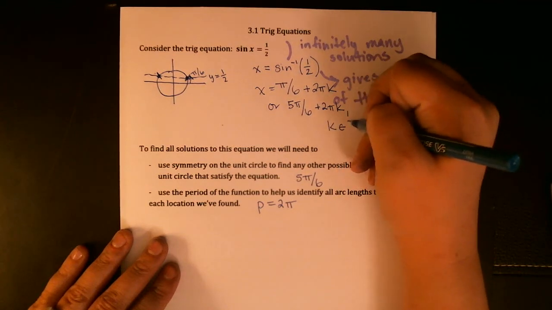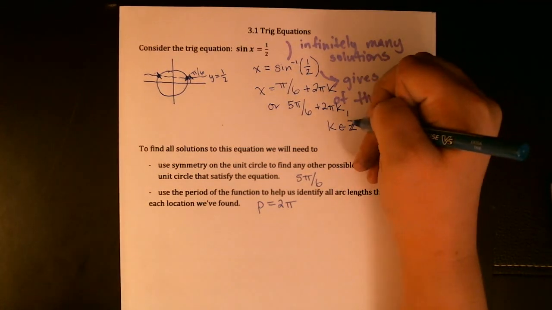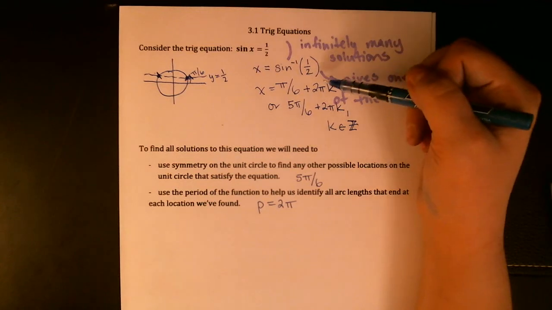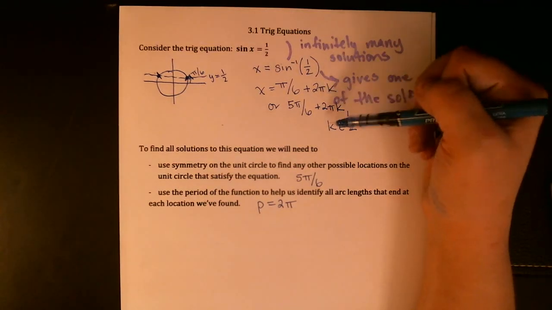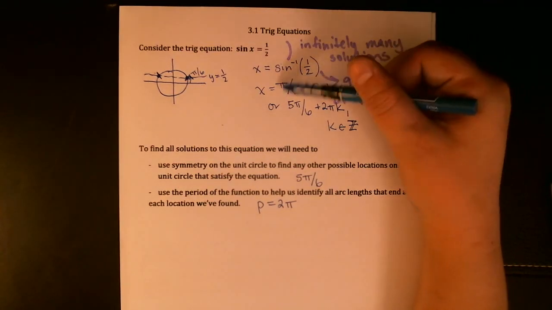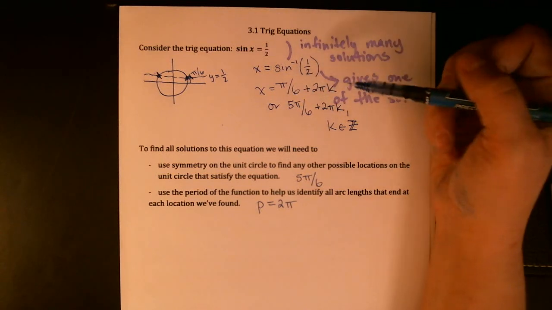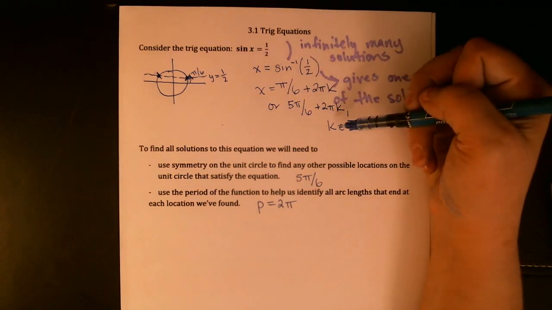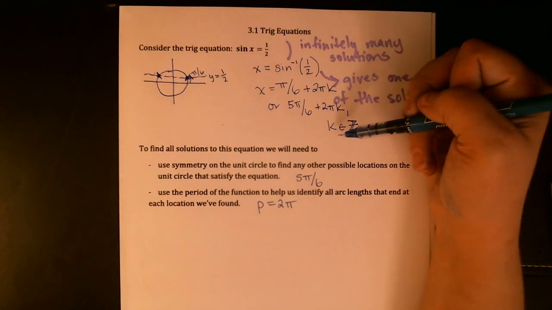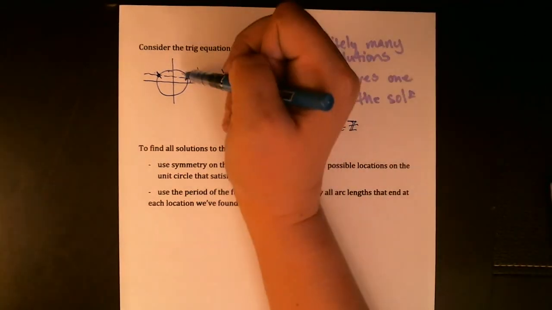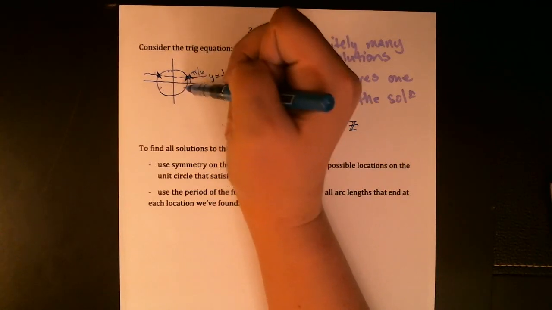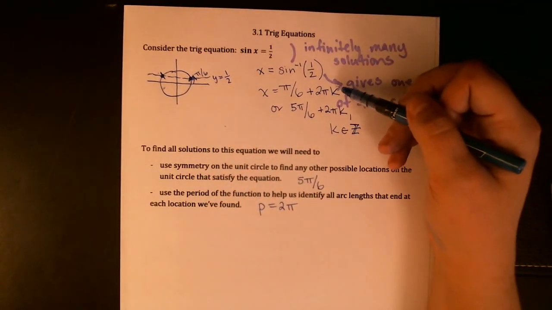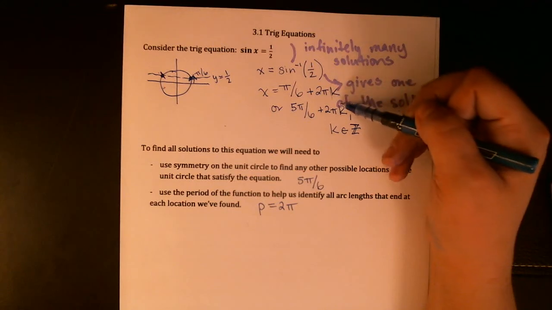So you want to make sure you tack on that k as an integer, because k is telling us how many periods we've tacked on to our original solution. We're happy if that's 1 period or 2 or 3 or 4 periods, but we're not happy if it's, say, half of a period, which would give us a solution down here and down here. So we really do want that integer value.